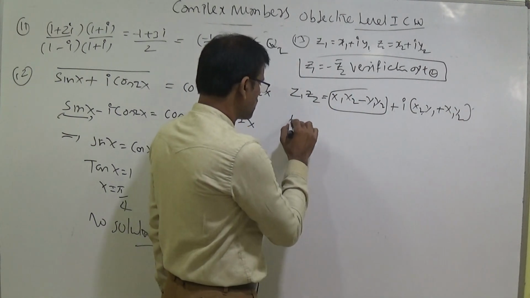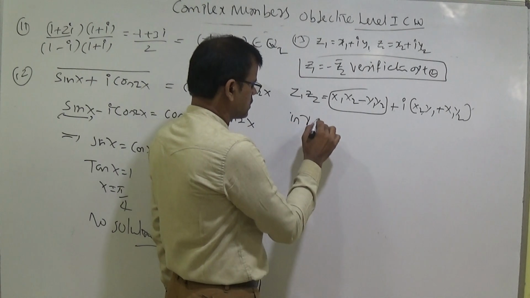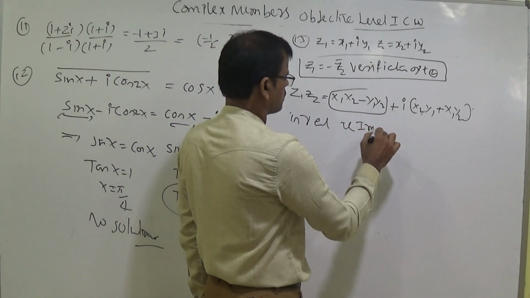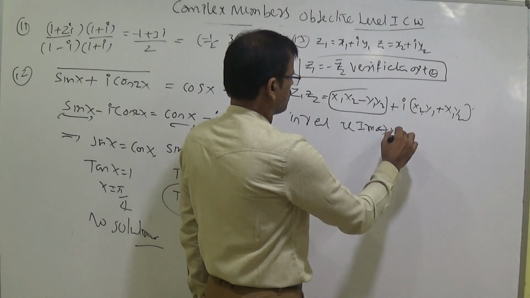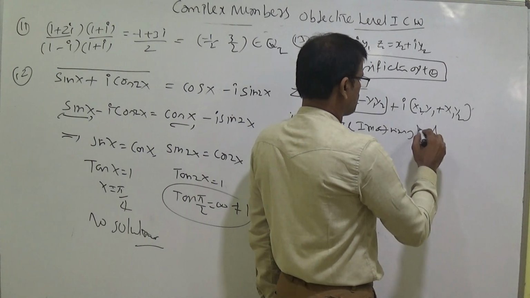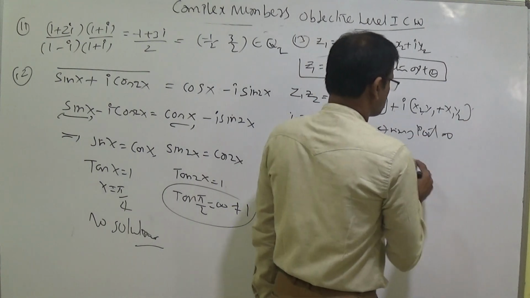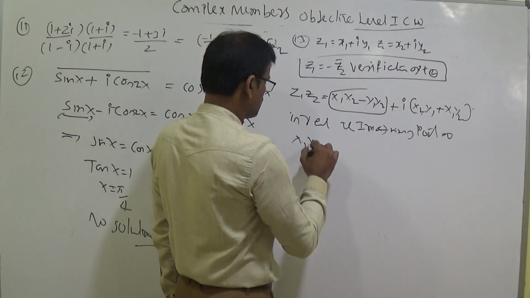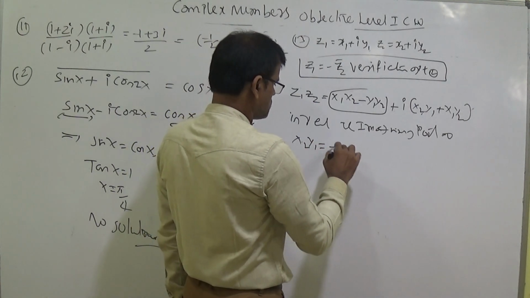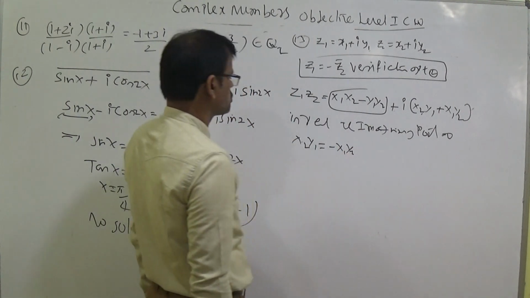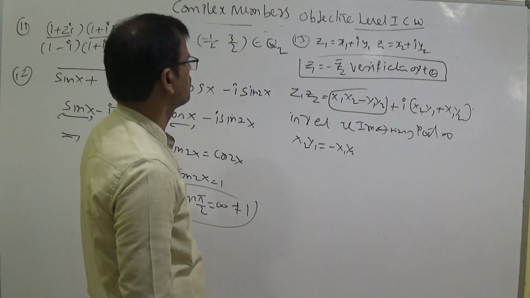Z1, Z2 is real, as given. Whenever the complex number is only real, you can understand the imaginary part is equal to 0. So the imaginary part is equal to 0, meaning x2, y1 is equal to minus x1, y2.